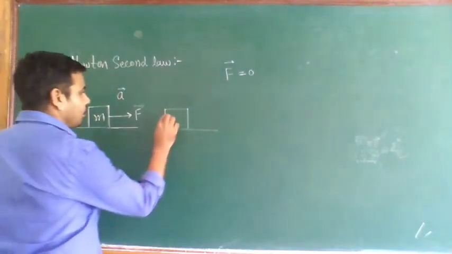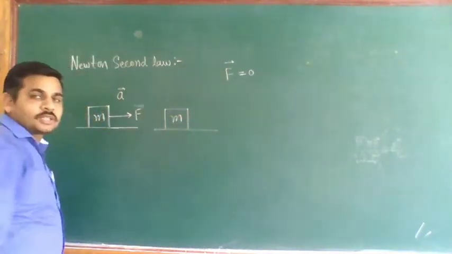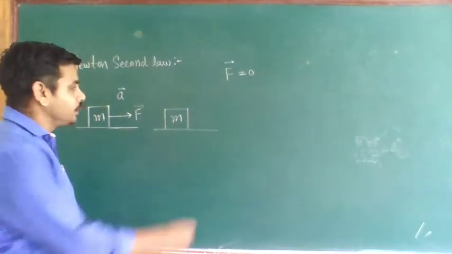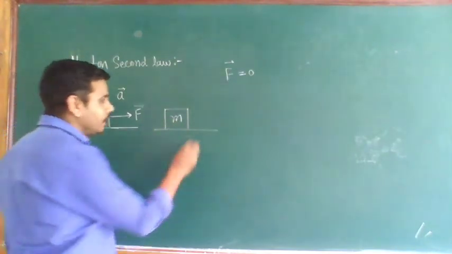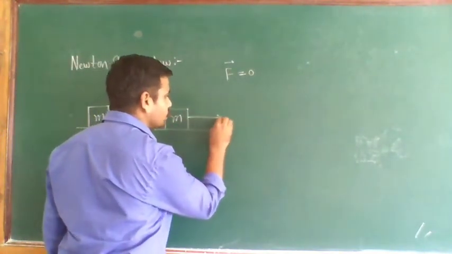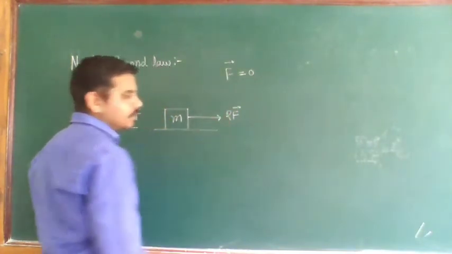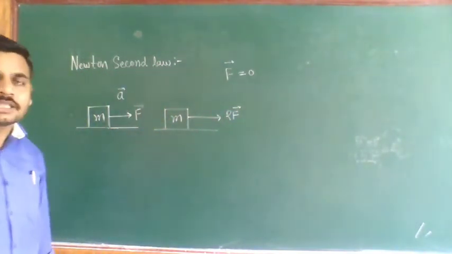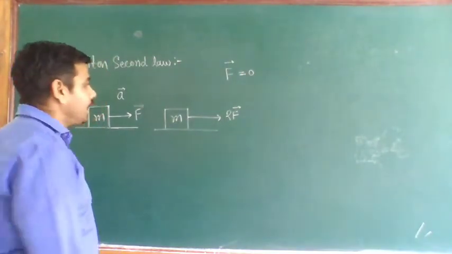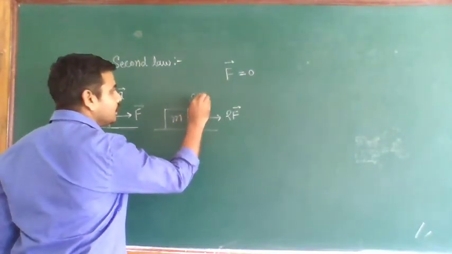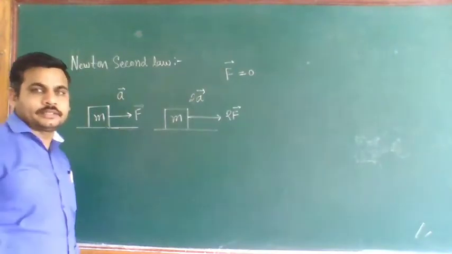For the same ice cube, which has mass m, now we increase the force. Now the force will be double. In that condition we observe that the acceleration also increases twice.